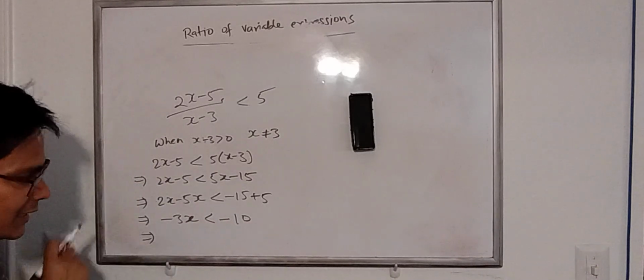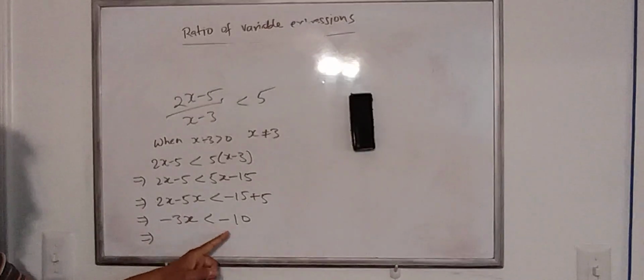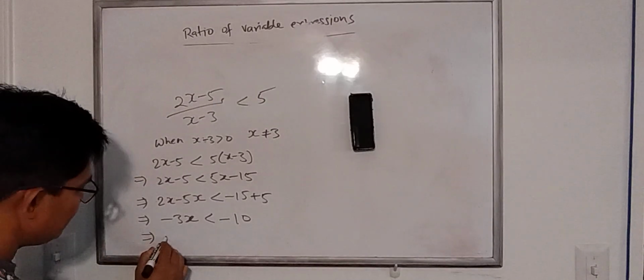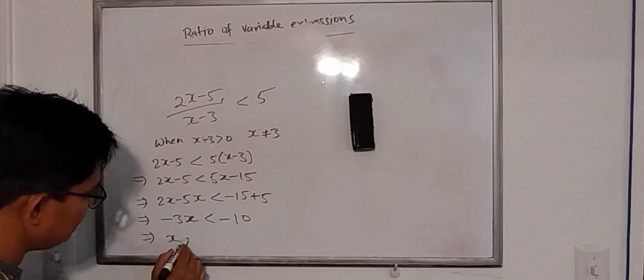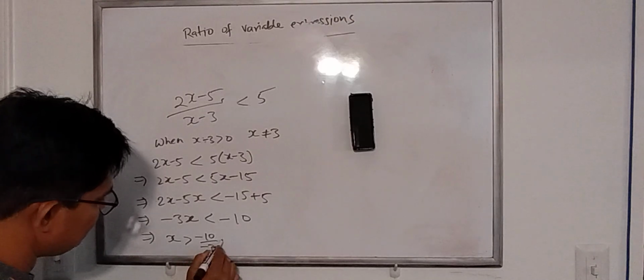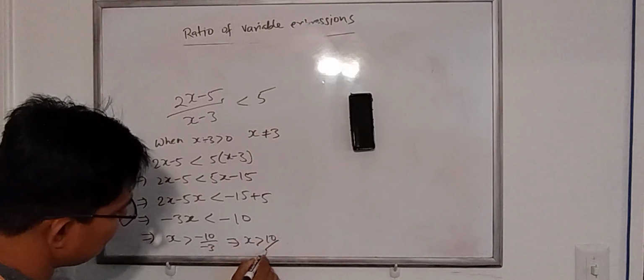Okay, now here again, look at the board. So minus 3x is less than minus 10. What we have to do? We have to divide by minus 3, and divide by minus 3 means we have to again change the direction. Minus 10 divided by minus 3, which means x greater than 10 by 3.